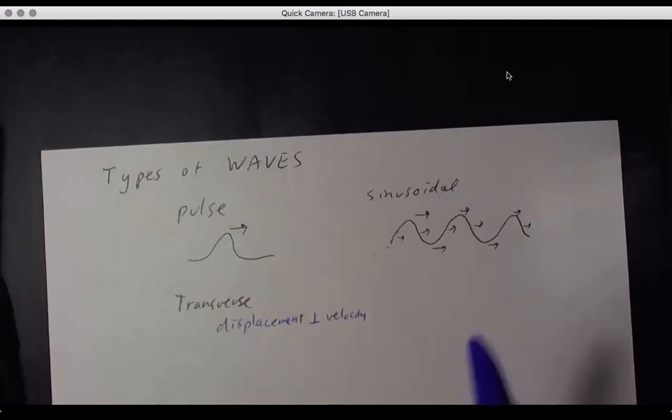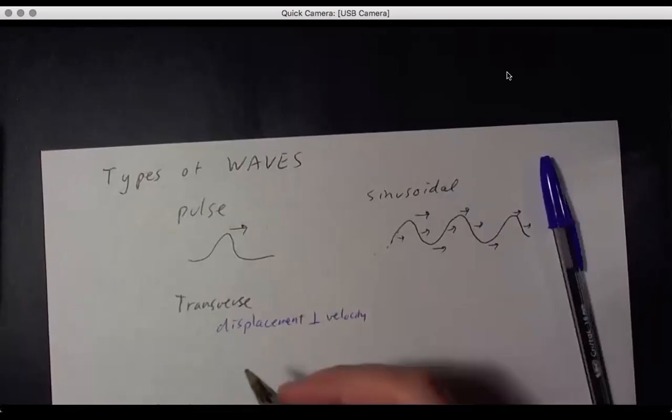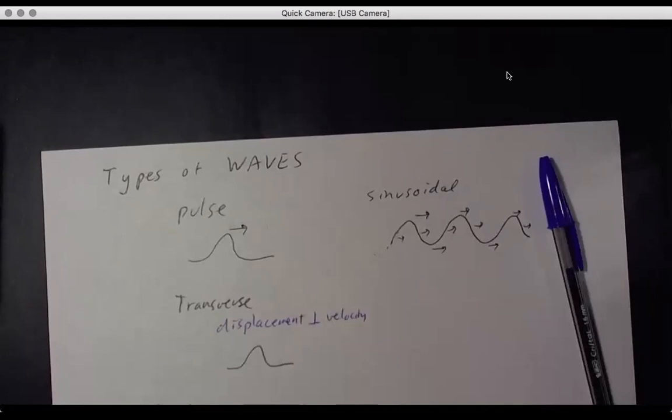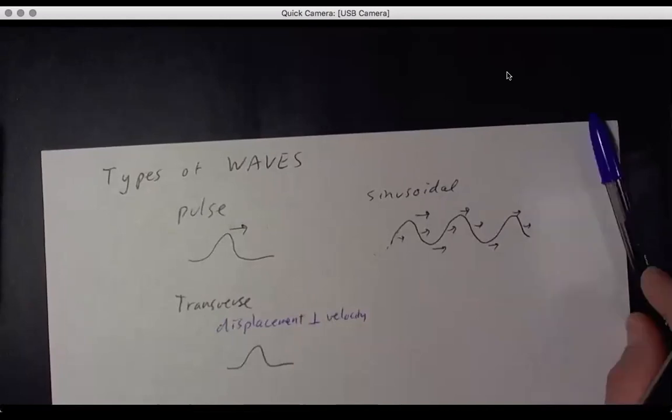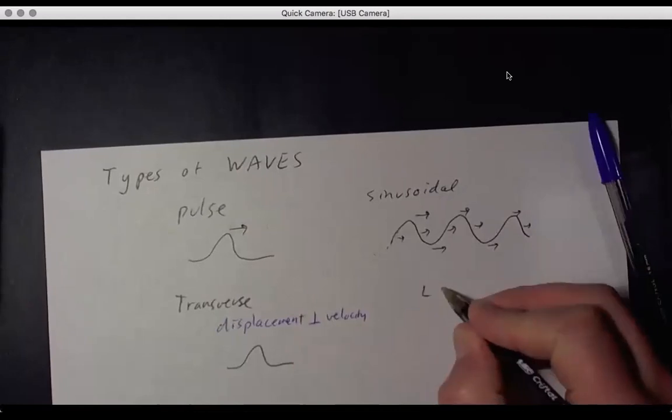And so you have this, and the corresponding other one is called longitudinal.